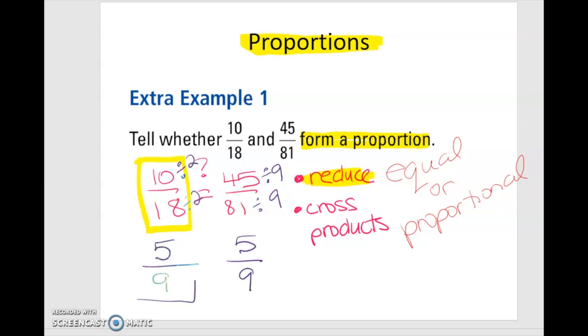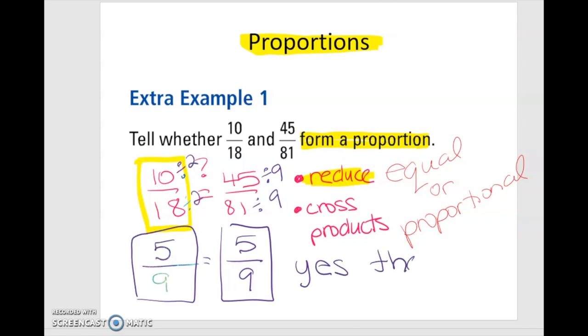Now I should notice that I ended up with two equal ratios. So we would say yes, they are proportional. These two ratios really are the same. That's what proportional means. The two ratios are equal or they're the same. That would be the simplify strategy that I just used.